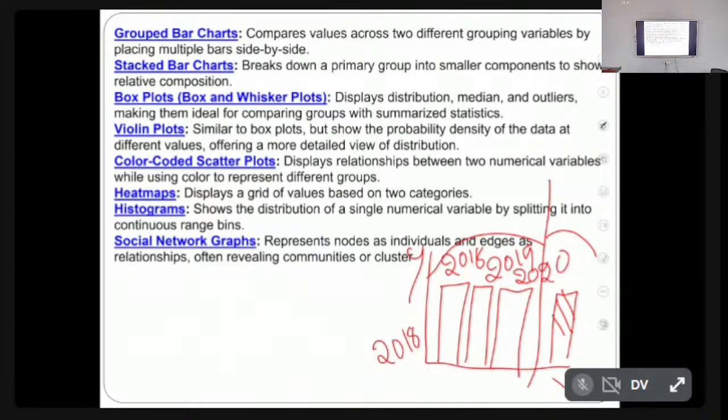It shows the probability distribution, sorry, the probability density of the data, the density of data at different values, by giving a more detailed view of the distribution.